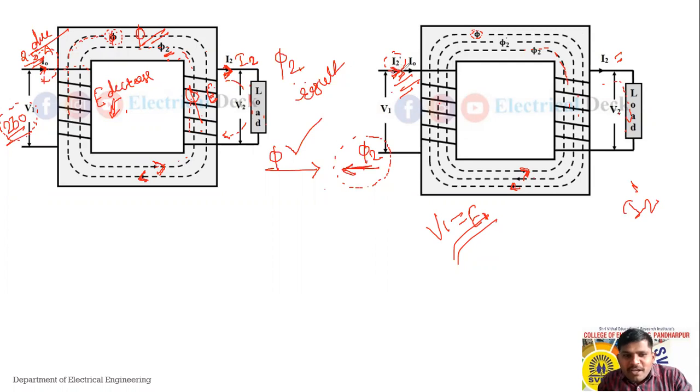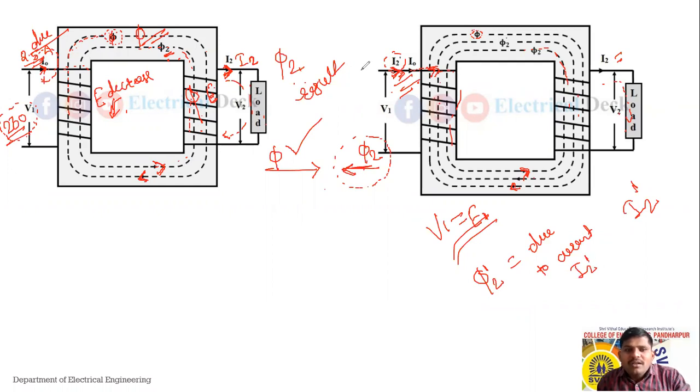Now see, if this I2 dash will be taken from the supply, and when it starts flowing from this primary winding, ज्यावेळेस तो प्रायमरी वाइंडिंग मधून फ्लो व्हायला स्टार्ट होईल, it will also set up some flux, right? So suppose this phi2 dash is the flux set up due to the current I2 dash.